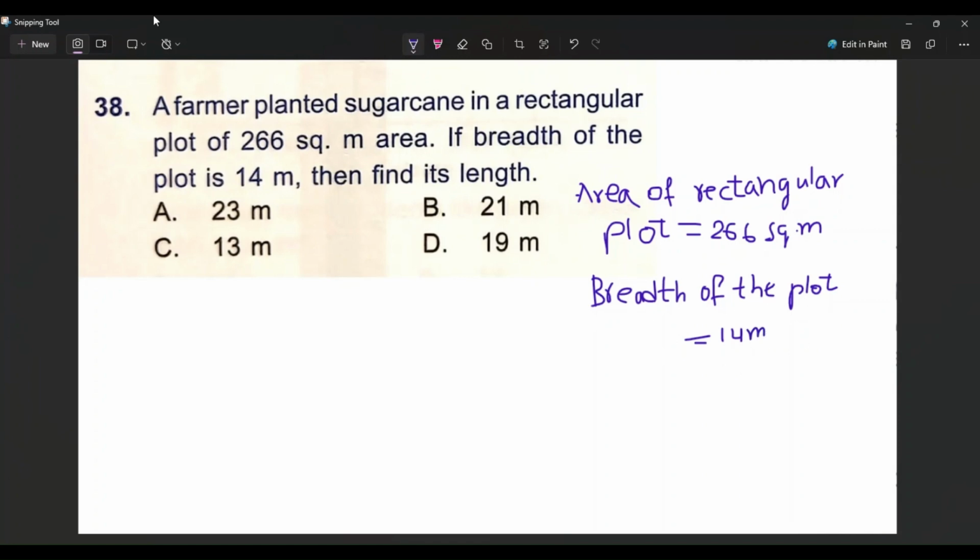Breadth of the plot is equal to 14 meters. So let's write in a short form, children. Area is equal to L into B, length into breadth. So we are given with area of the plot and breadth of the plot. So we are supposed to find length of the plot. So write length equal to area by breadth.